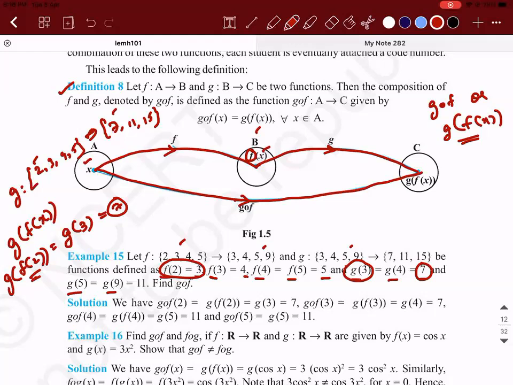Got it? So all the three values should be somewhere between 7, 11, and 15 only. Correct?